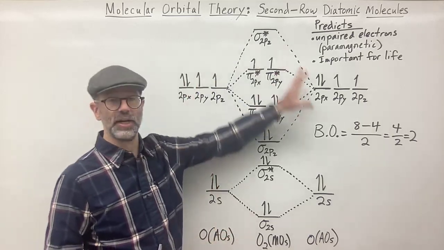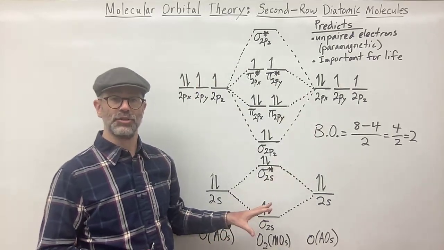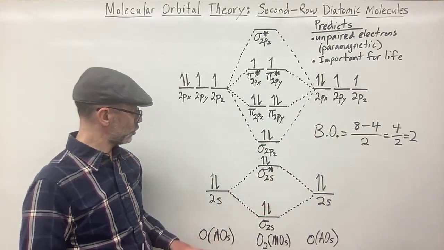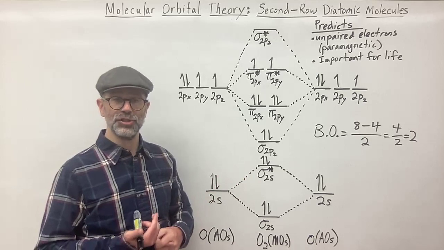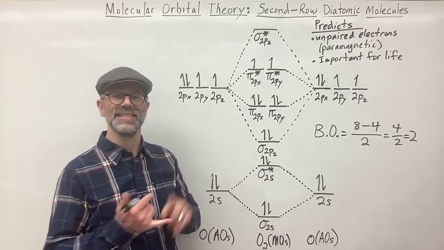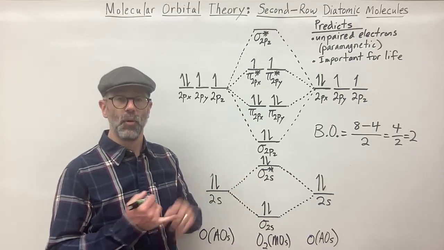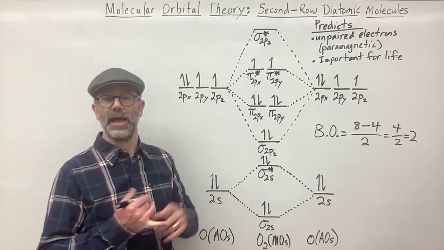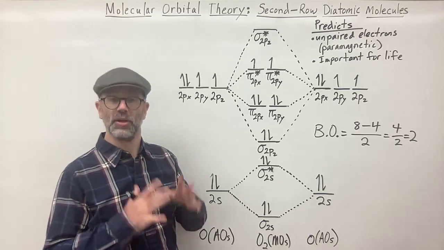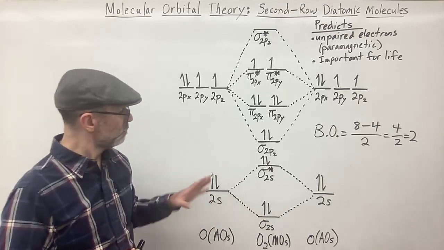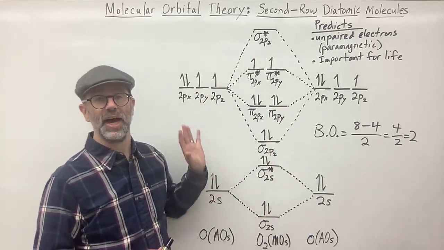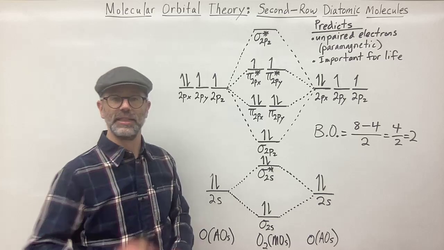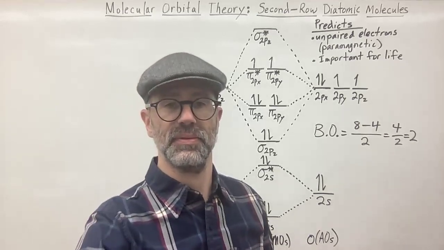This ordering of the molecular orbitals actually only applies to oxygen and fluorine. If we're going to look at nitrogen, like N2 and C2 and B2 or Be2 and the rest of it, the ordering is slightly different. So let me talk about that. So stay tuned.